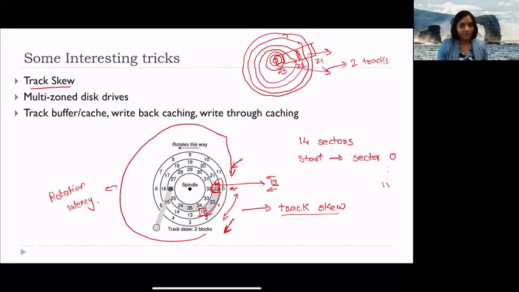Different zones can have different numbers of sectors, and logically, we would have more sectors in the zones near the outside of the disk, while the zones in the interior portion of the disk will have fewer sectors. Again, a very simple but brilliant idea, isn't it? We are able to store more data in less space.